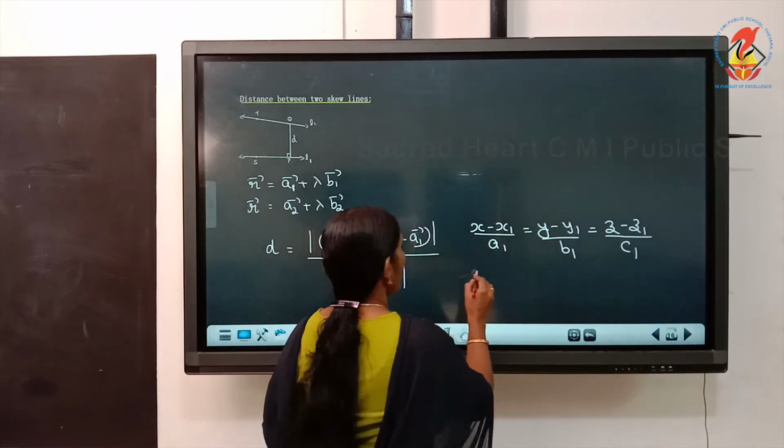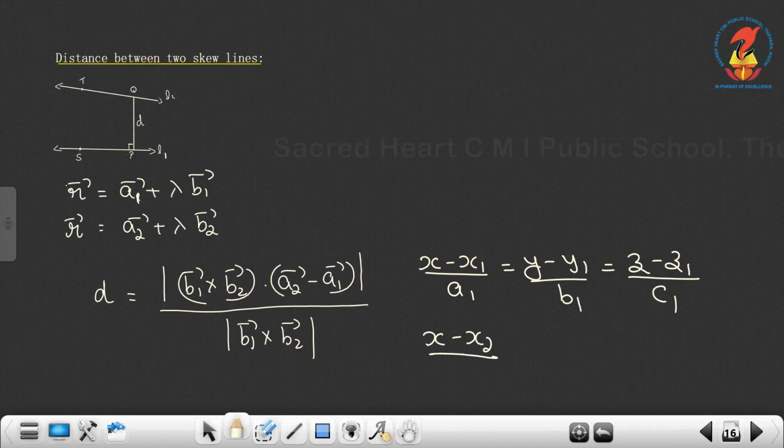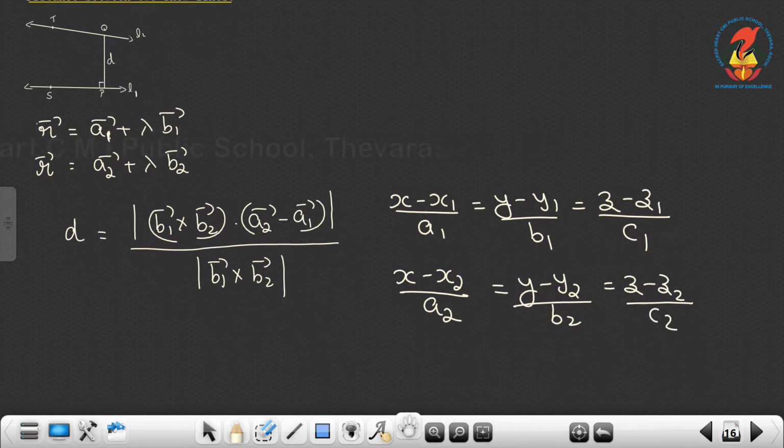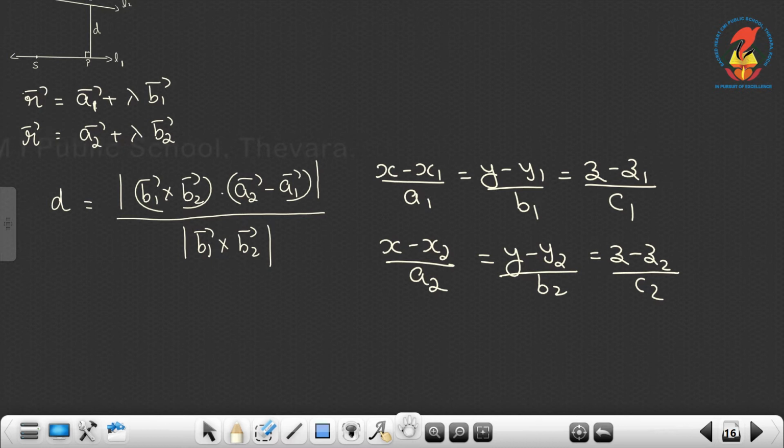Now the second line: (x minus x2) by a2 equals (y minus y2) by b2 equals (z minus z2) by c2. So the second line passes through the point with coordinates x2, y2, z2 and is parallel to the vector whose direction ratios are a2, b2, c2.